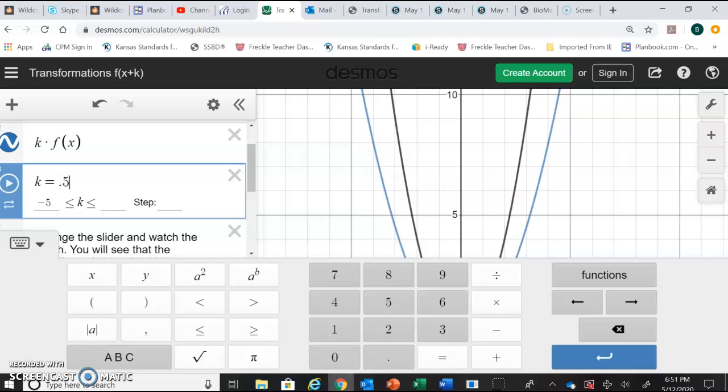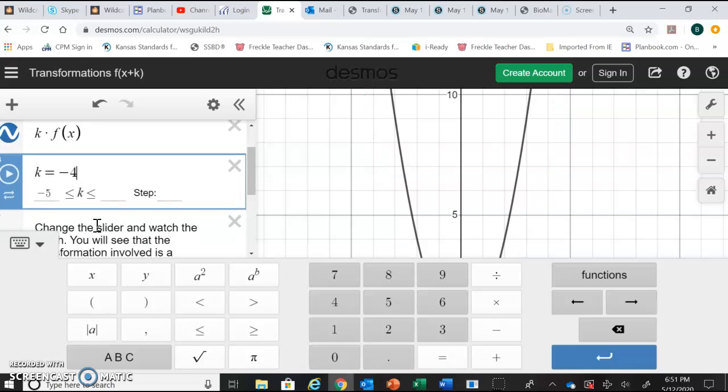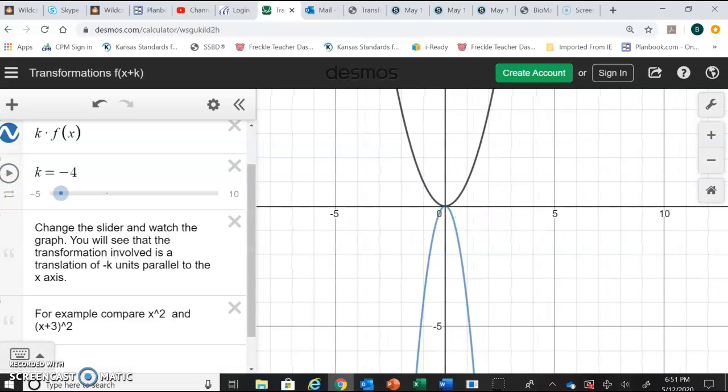And you're going to see the negative cases now. What if it's a negative 4? What happens with that? Well, you can look and see that not only did it go at a faster rate, but now it's not going up, it's going down. So what's going to happen is that negative that I'm pointing to with my cursor flips the graph.